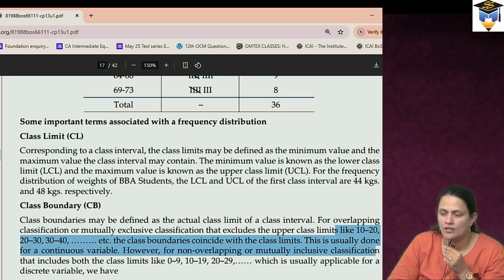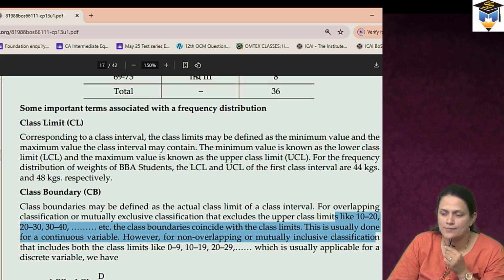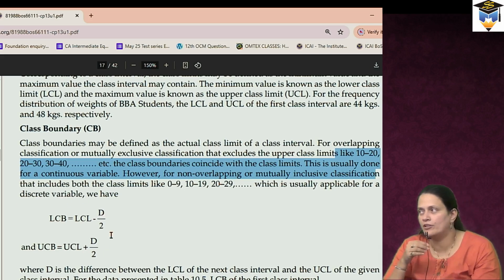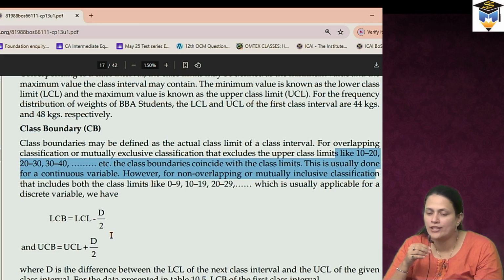Correct? Written this part, class boundary. Now write down the formula. Lower class boundary is equal to lower class limit LCL minus D upon 2, where D is the difference between the LCL of the next class and the UCL of the given class. UCB, upper class boundary, is given as upper class limit plus D upon 2.